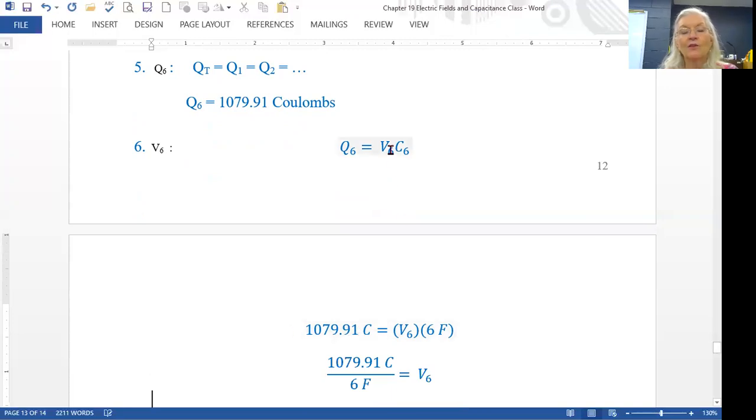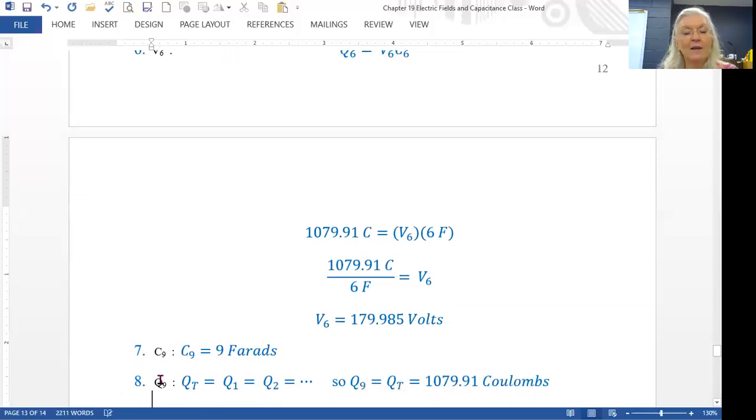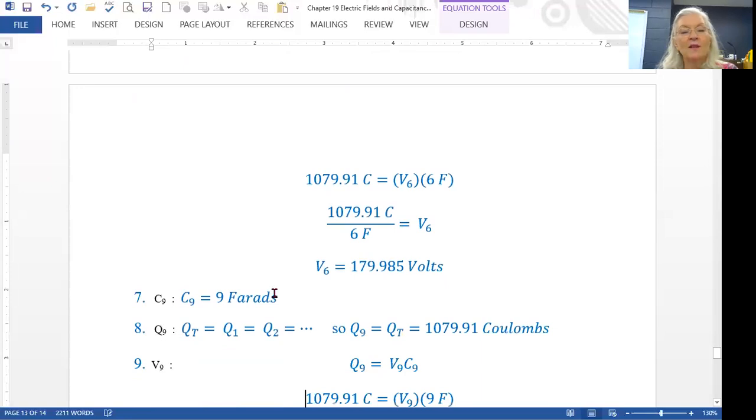coulombs. We're looking for V6, and we know that the size of the capacitor is 6 farads. So divide both sides by 6, and you end up with the voltage drop across the 6 farad capacitor will be 179.985 volts. For the 9 farad capacitor, we can go through the same thing. We know its value is 9 farads.